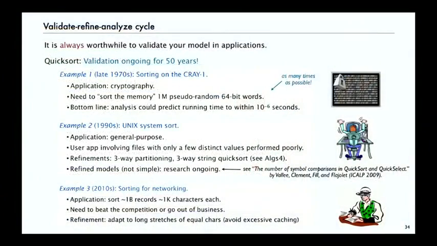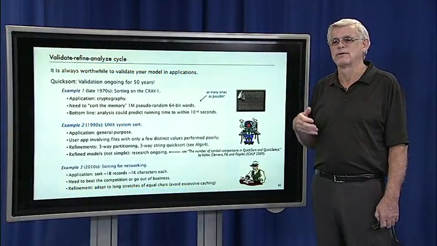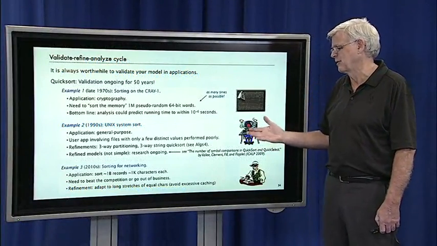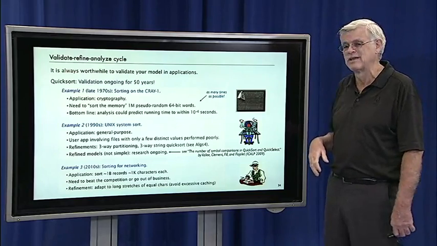And that's ongoing. Just recently, I was contacted by a colleague who's working in a networking startup. And what they need to do is sort 1 billion records that are about 1,000 characters each. That's substantial, and they had to do it fast, or their competition would beat them, and they'd go out of business.